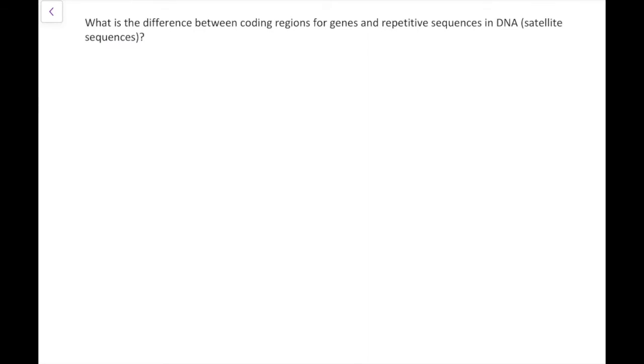What is the difference between coding regions for genes and repetitive sequences of DNA? Within the DNA, there are regions which we call coding regions, and this means they have information for proteins. There are some different definitions of coding, but let's think that we're thinking about regions that make protein.